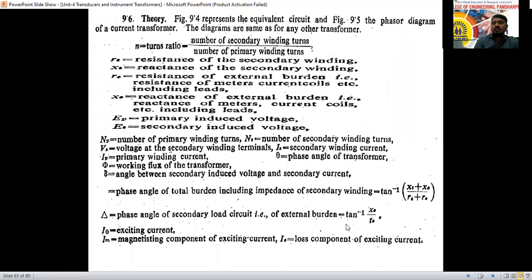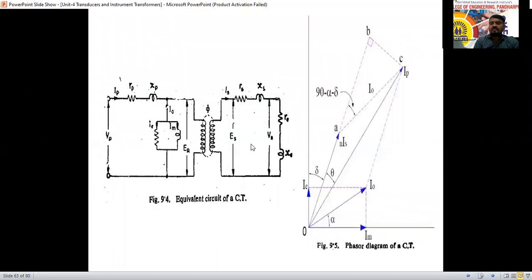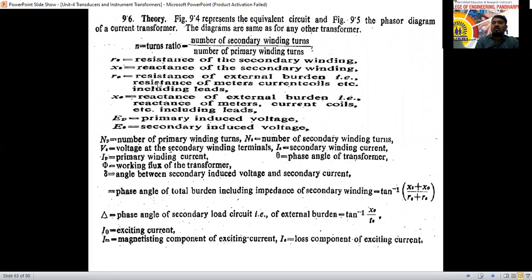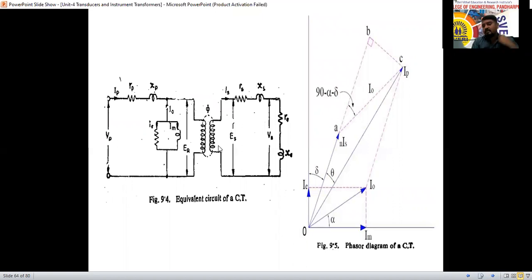So all these parameters we have derived here, according to this circuit diagram. Next, what we have to do is draw the phasor diagram here. See here, IP is there. IP is equal to I naught plus the current that flows through the primary winding, which is linked with the turns ratio, and because of the primary current only the secondary current is produced here.